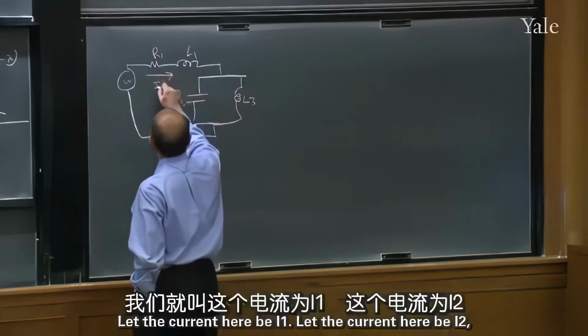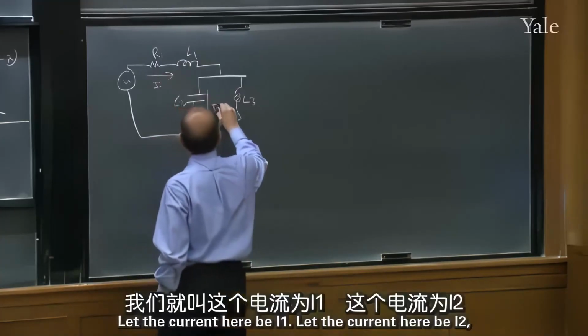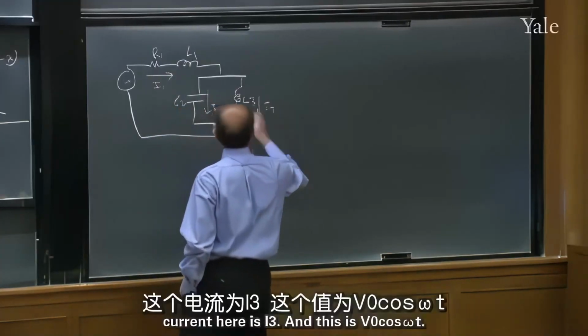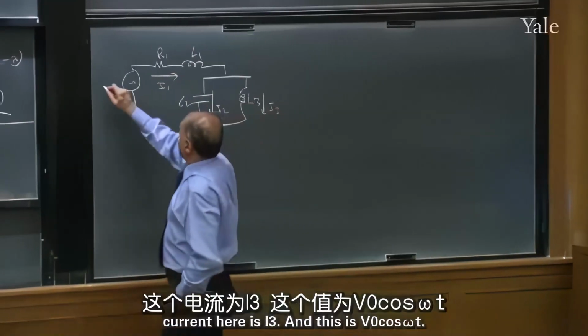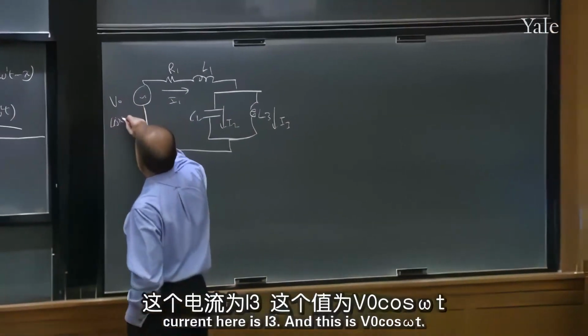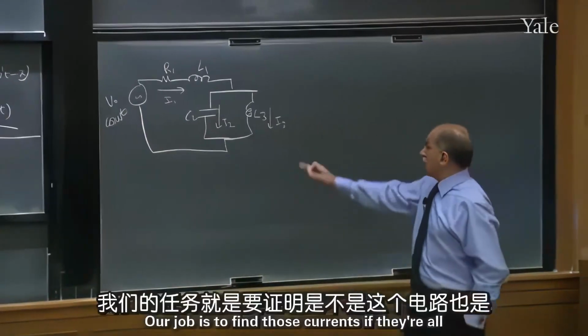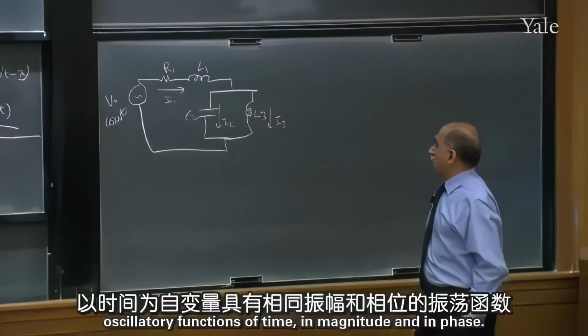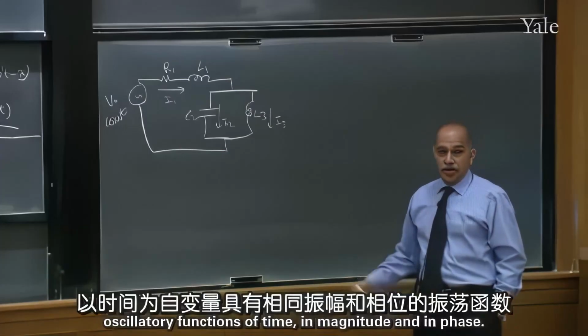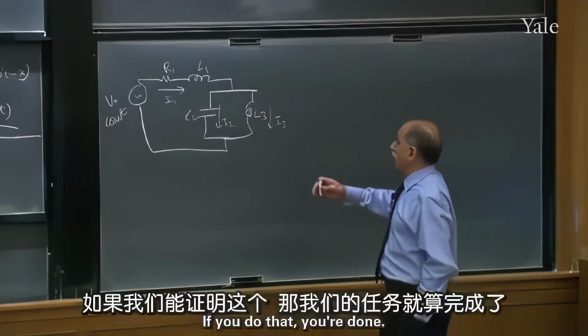Let the current here be I1. Let the current here be I2. Current here is I3. And this is V0 cos ωt. Our job is to find those currents, which are all oscillatory functions of time, in magnitude and in phase. If you do that, you're done.